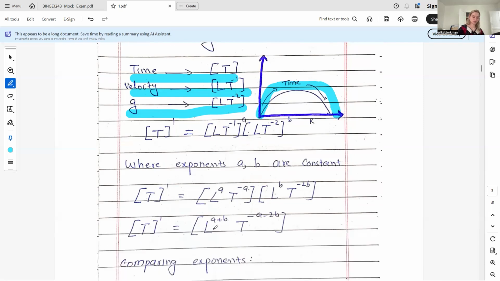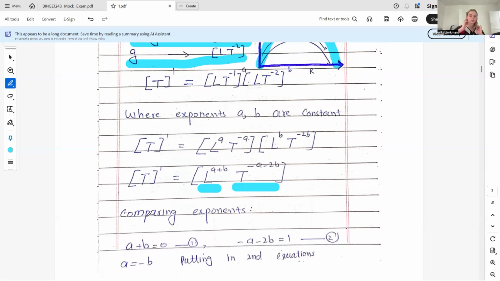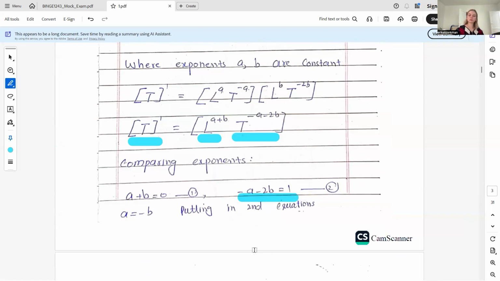Multiplying internally, similar variables will have the sum of their powers. Comparing the exponents, a plus b is equal to 0, because there is no length factor on the left hand side. There is only a factor for the time. So comparing the time, we have minus a minus 2b is equal to 1.